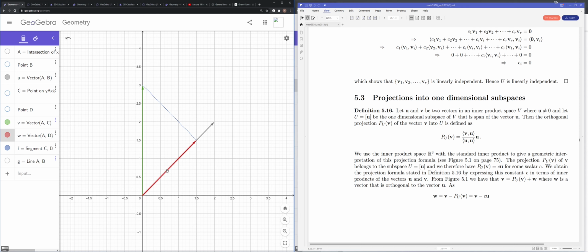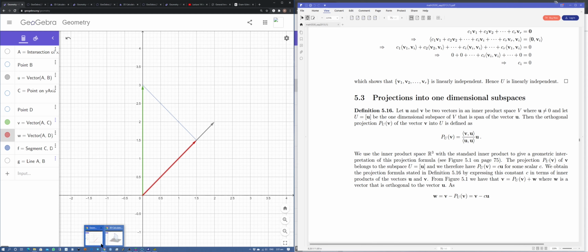The red vector is the projection of v in the direction of u. What you're doing is projecting v into a one-dimensional subspace. The formula for getting that projection is a ratio of inner products times the vector u, where the one-dimensional subspace is spanned by the vector u.